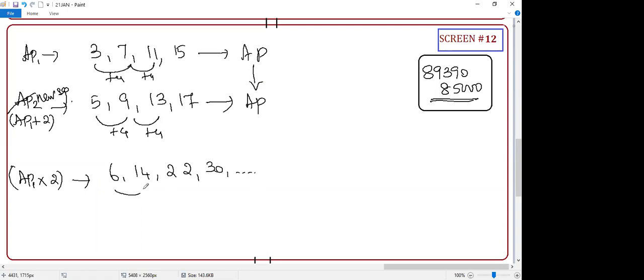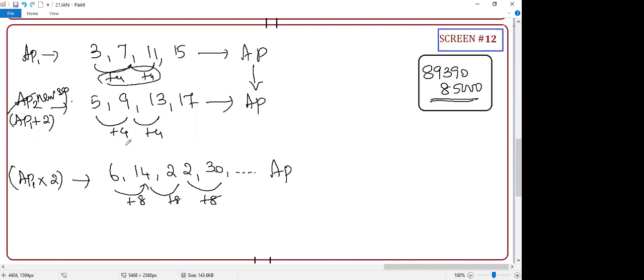Guys, what's happening? Is this AP or not? Check that first. AP, sir. So which number is getting added? Plus 8. So what is your conclusion? When a common number is multiplied with an AP, the resultant is also an AP. But please remember that when you are adding or subtracting, the common difference remains the same.